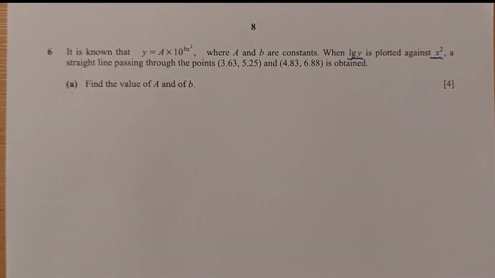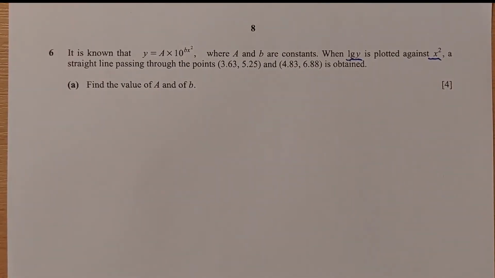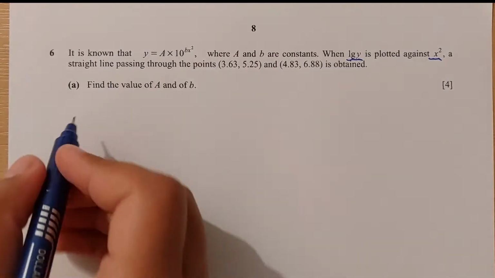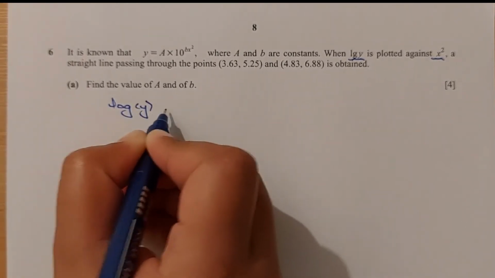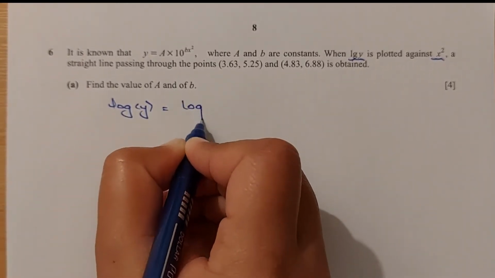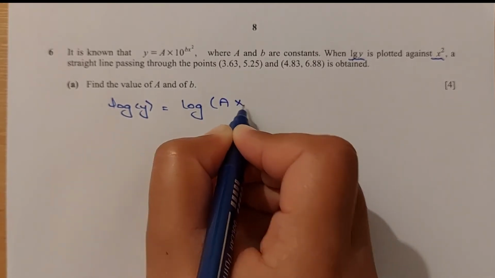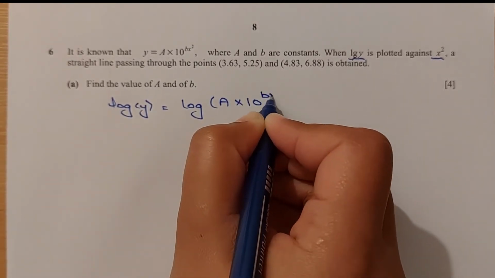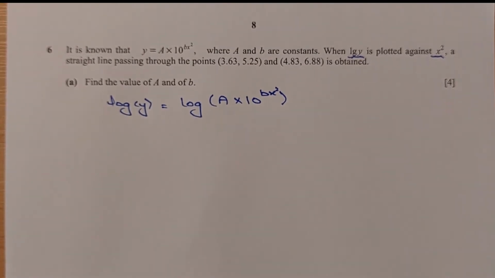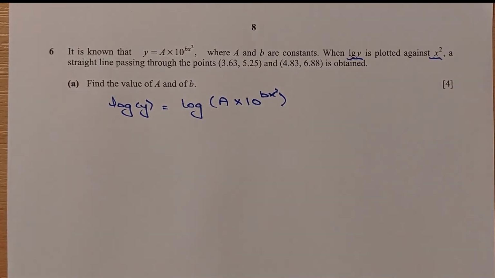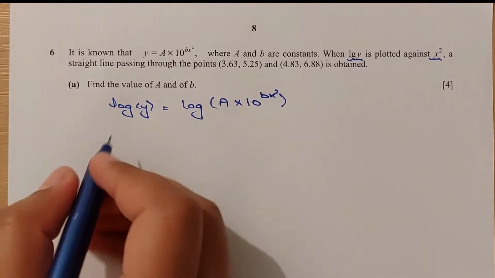So by using the given equation, we take log on both sides because y needs to be in terms of log. So we have log of y equals log of a times 10 exponent bx square, right? This log is with base 10. Now when we have a product in a log, we do the log separately with the positive sign.